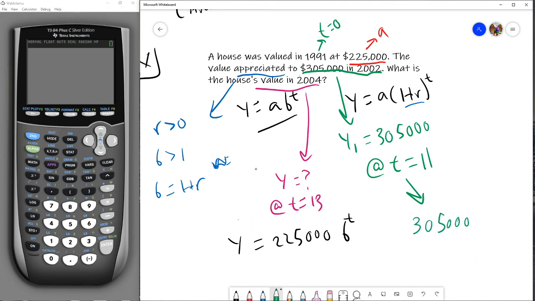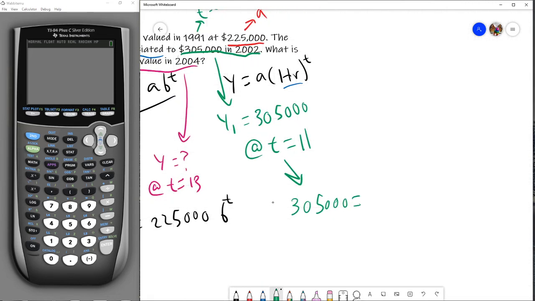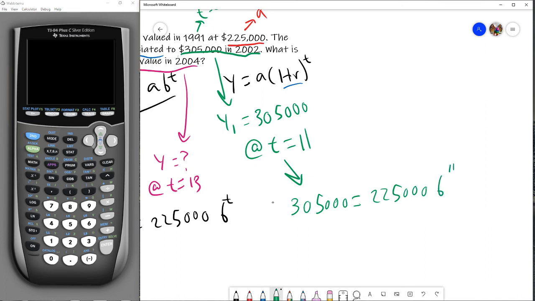305,000 has to equal our 225,000 b to the 11. So our next step is we need to isolate the b. So 305,000 over 225,000.